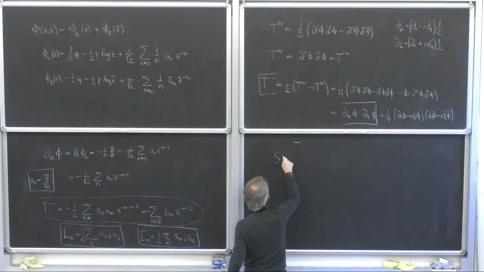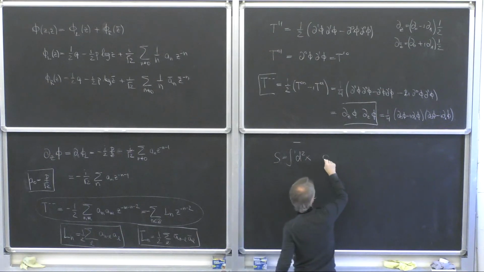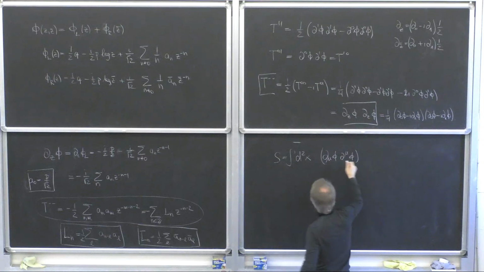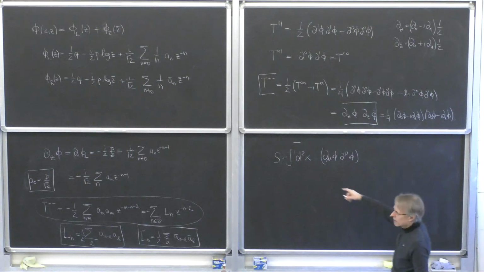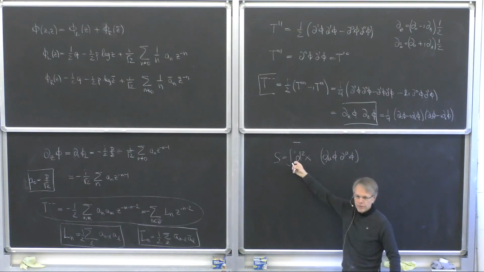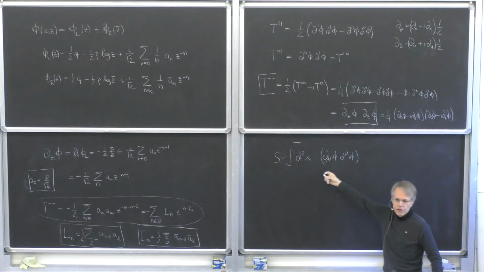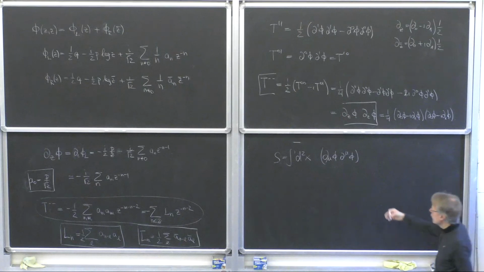The action is the integral of d^2x, and then I had d mu phi, d mu phi. You see that this theory is at least scale invariant, because if you rescale x by lambda x, you pick up a lambda squared from here, and a 1 over lambda squared from the derivatives. So this action is at least scale invariant, and you can actually show that it's conformally invariant.